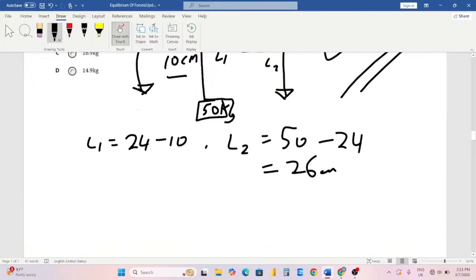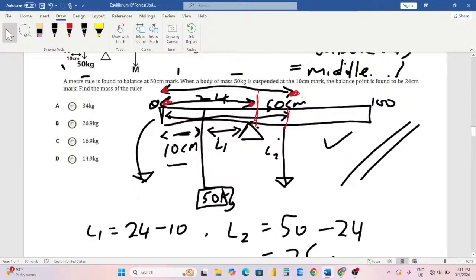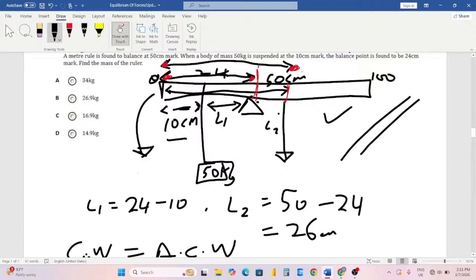By saying clockwise moment equals anti-clockwise moment, where's the clockwise moment? Let's check it together. This is the clockwise, and this is the anti-clockwise.